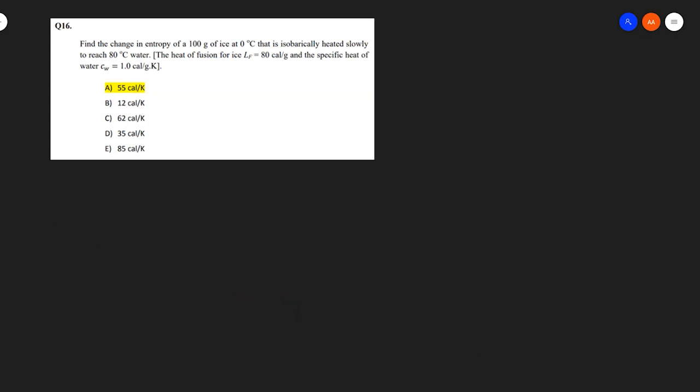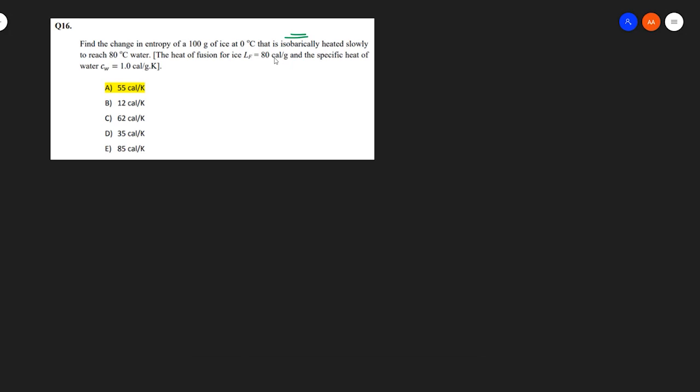Now we have this problem here. We came to the entropy. Find the change in entropy of 100 grams of ice at 0 degrees that is heated isobarically. These words are very important. Isobarically means at constant pressure. Isobaric is constant pressure, and isochoric is constant volume.